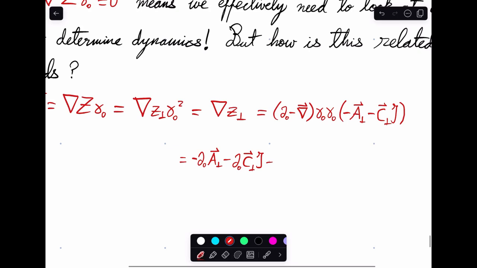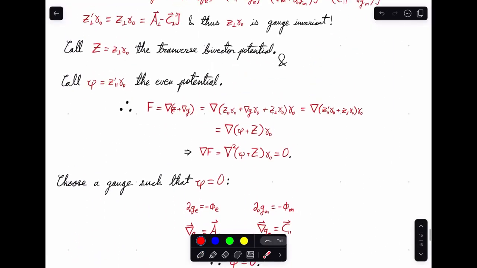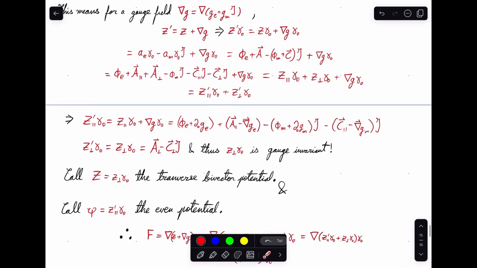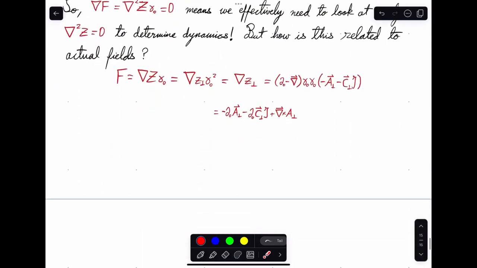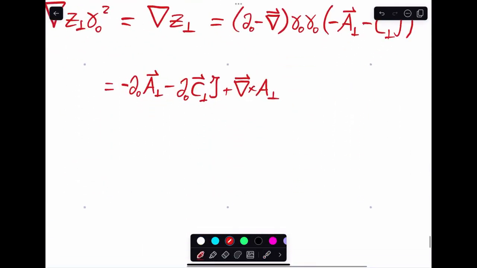then plus this A perpendicular, which is just equal to the curl of A because of the definition up here. Because the divergence of the transverse field is equal to 0, we know that it must be equal to the curl, but the curl always has an I here, so we have this as being the curl.